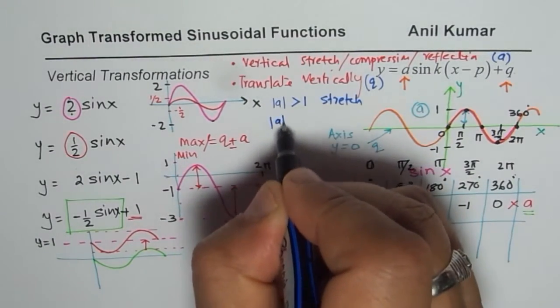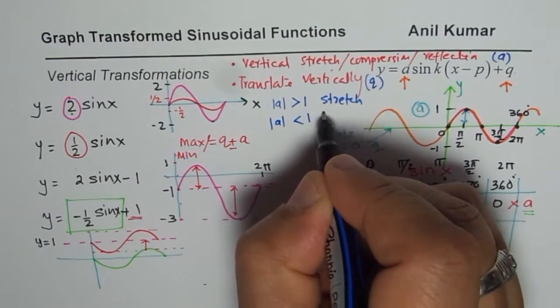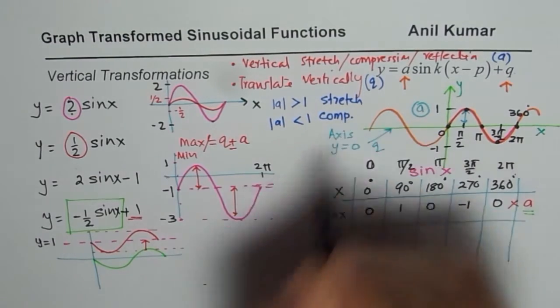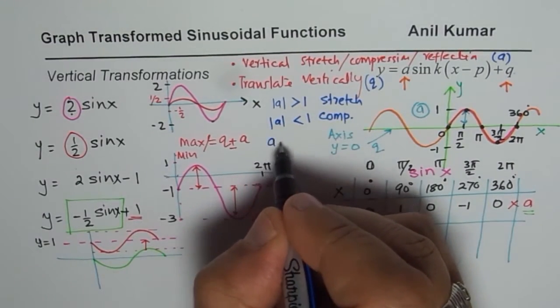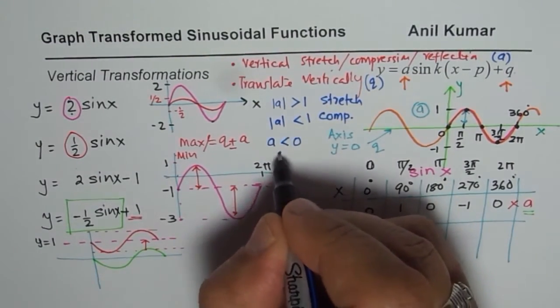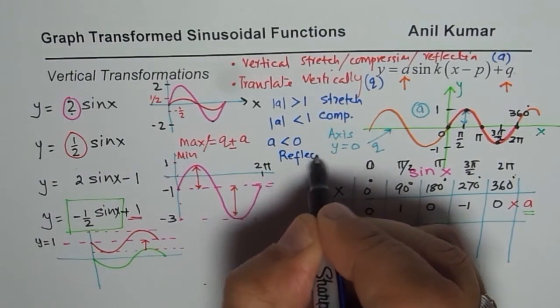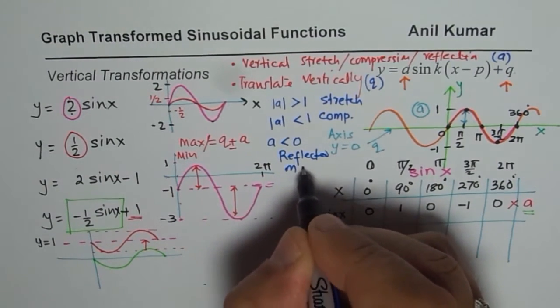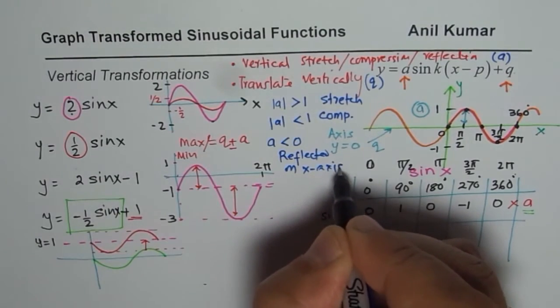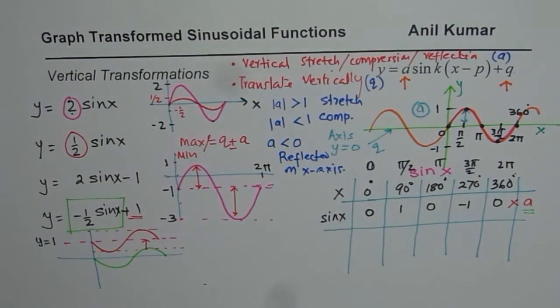And if a is less than 0, then it is reflected on the x-axis. So in short, these are the things which you have to keep in mind to sketch a sinusoidal function, right?